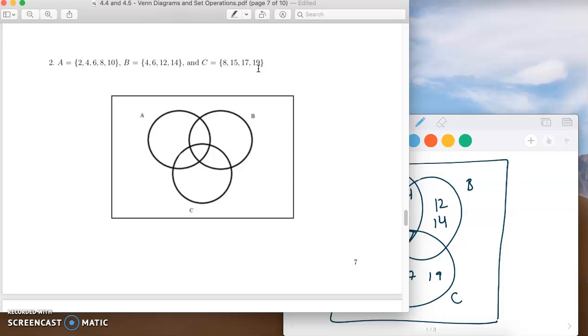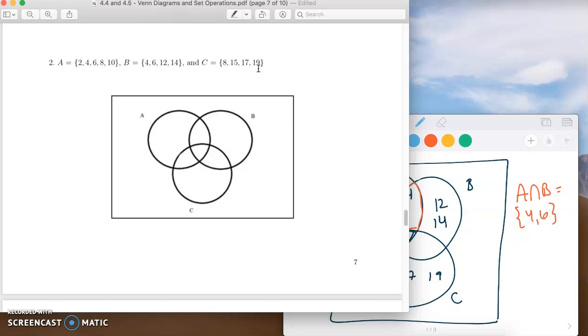So you can see the different intersections right here. So here we have the different ones. So we have A intersect B equals 4 and 6.